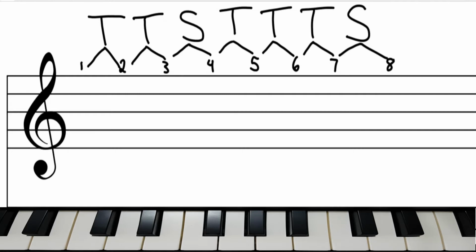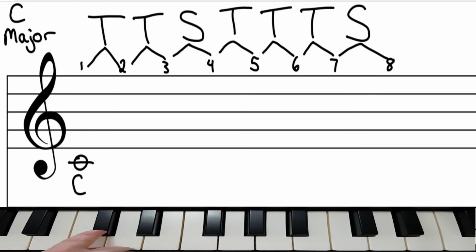We're going to start off with a C to create our C major scale. A tone consists of two semitones. A semitone is going from one key to the next black or white key. In this case, if we start on a C, the next black or white key is the black key C sharp.